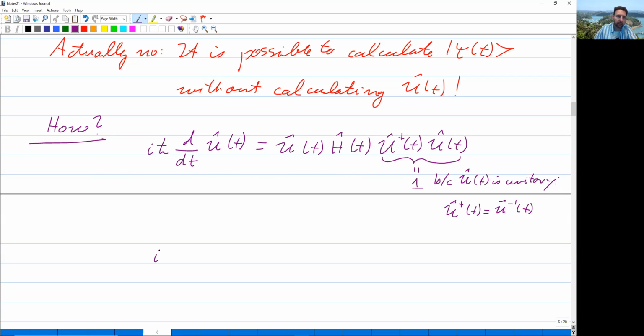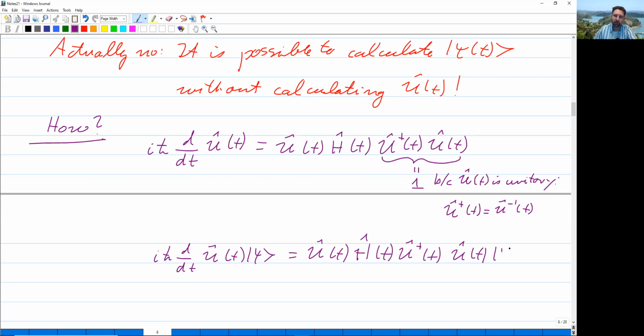So let's apply the equation left and right on our state psi. i h bar d by dt u hat of t psi equal to u hat of t h hat of t u hat dagger of t u hat of t psi. Now I hope you see why it was beneficial to multiply these two operators here.